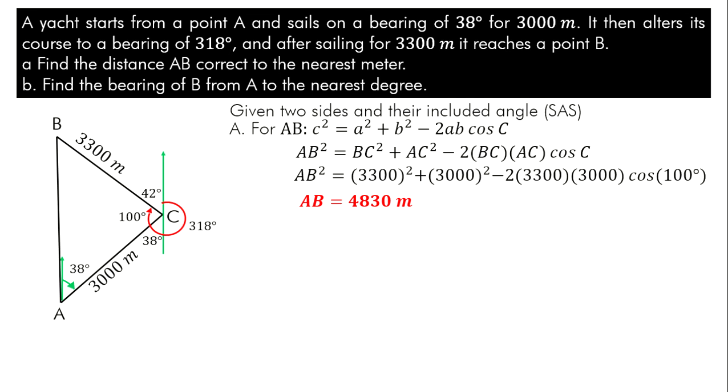And then for the bearing of B from A, we need to identify this. The bearing from A to B is almost 360 degrees, but we don't know the degree of this part, and we need to subtract that.